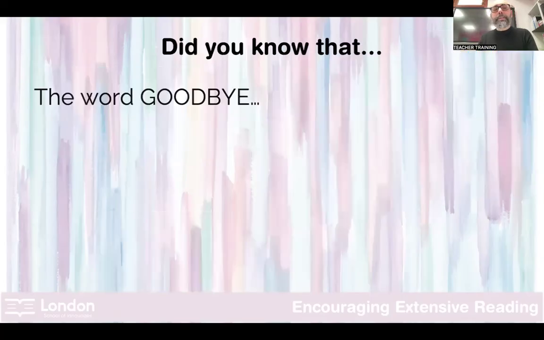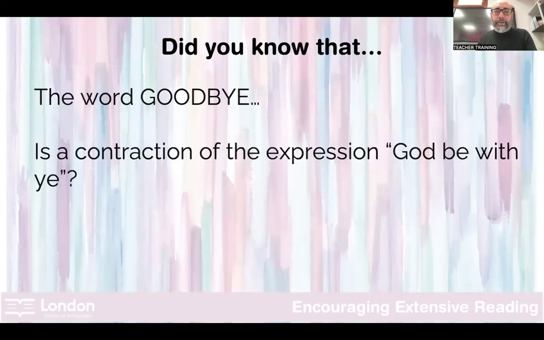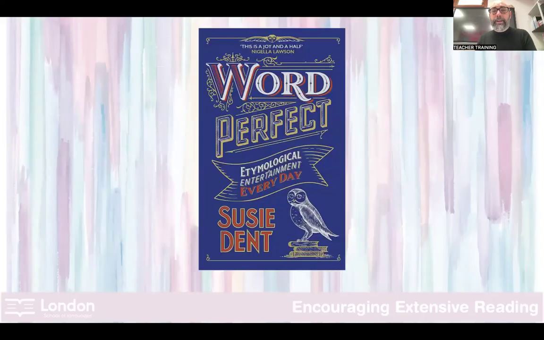Final one. Did you know that the word goodbye comes from God be with ye? Okay, it's a contraction of the expression God be with ye. Okay, and with this, I finish here. I tell you goodbye.